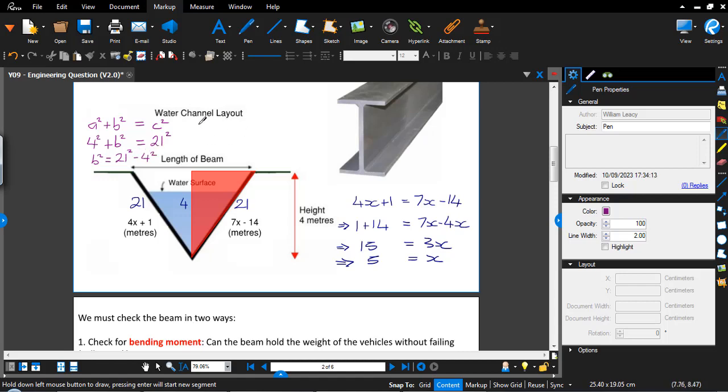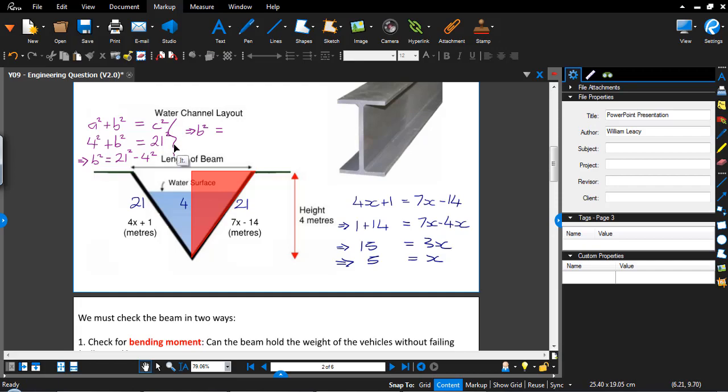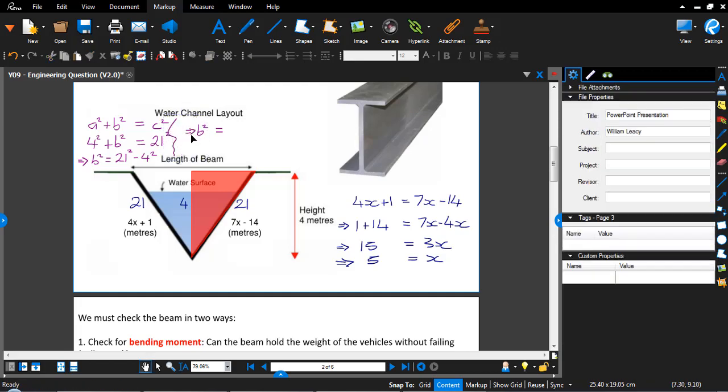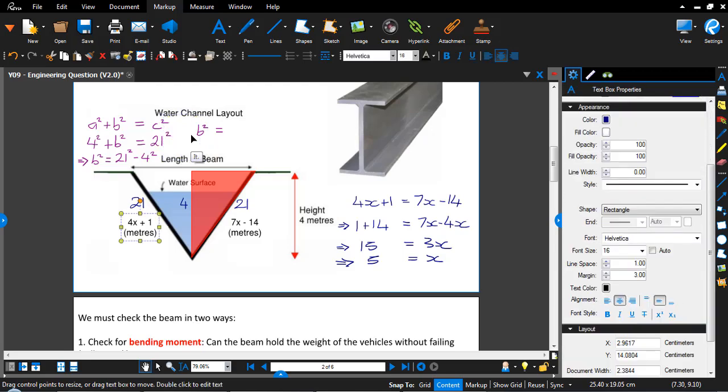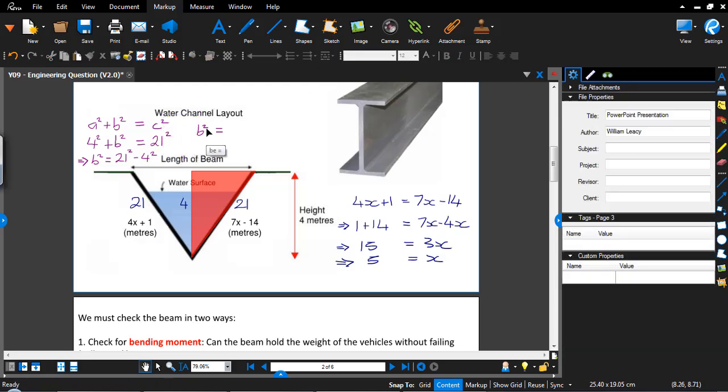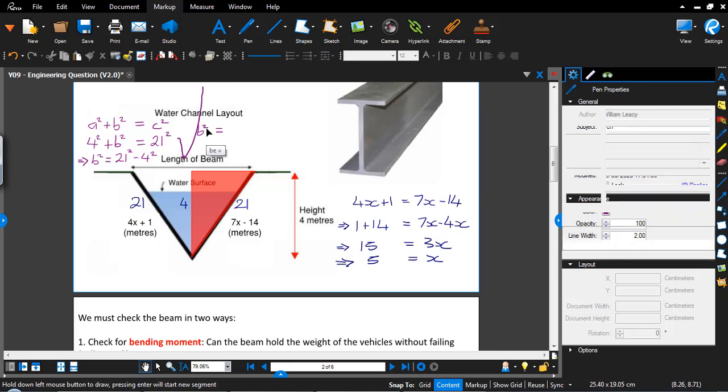So that means b squared equals, I really should connect these. That implies, so I'll just carry on over here. I just want you to see that we are using Pythagoras' theorem here.